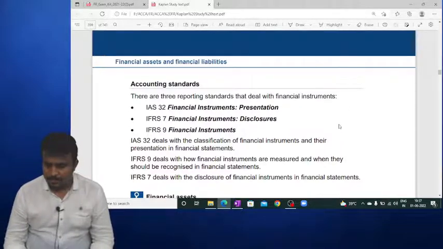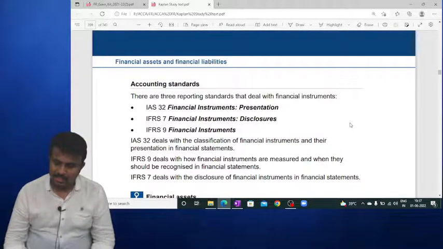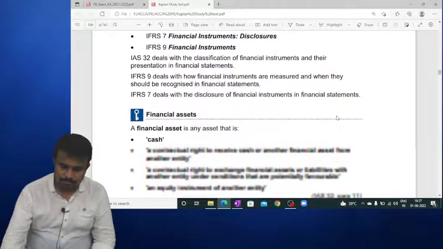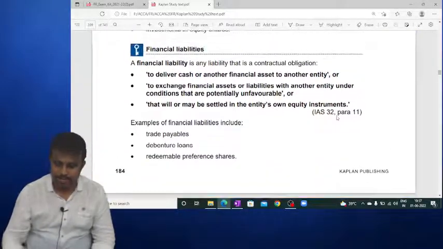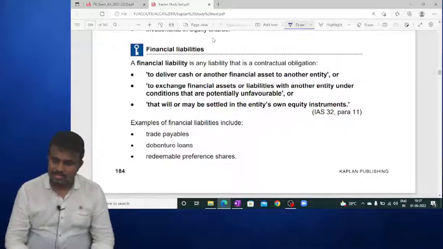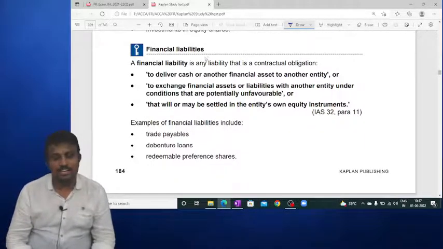So, coming to the next topic in financial instruments, what is a financial liability? We already discussed what is meant by financial liability.